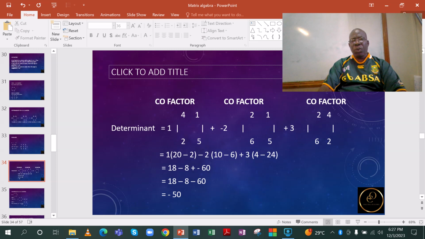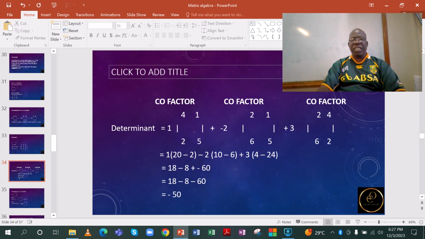We have 1 multiplied by (4 times 5 minus 2 times 1), which is 20 minus 2. Then positive times negative gives minus 2 times (2 times 5, which is 10, minus 6 times 1, which is 6). Then plus 3 times (2 times 2, which is 4, minus 6 times 4, which is 24).